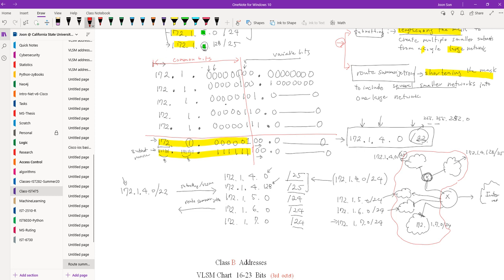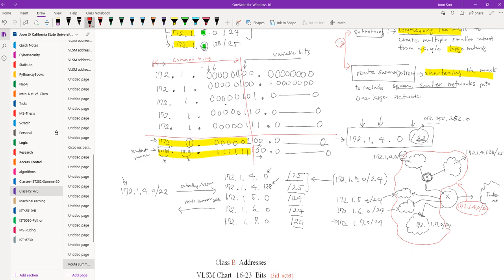He can summarize it as just one route, one IP address, and send it to the internet. It's advertising, hey, my summary route is what? 172.1.4.0/22, right? Because this IP address really summarizes this entire network.